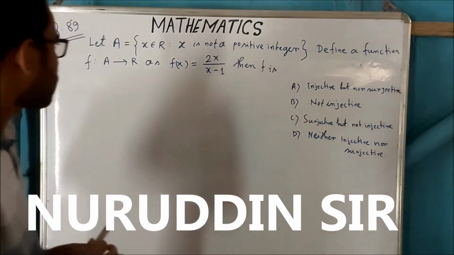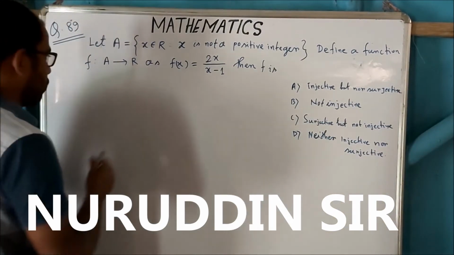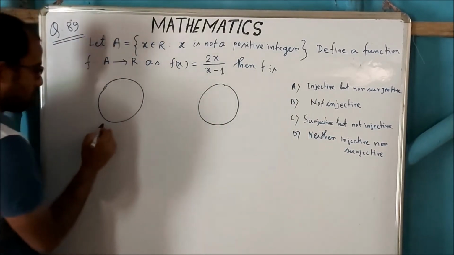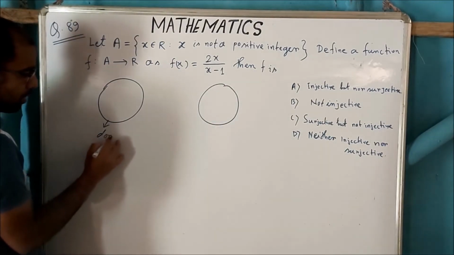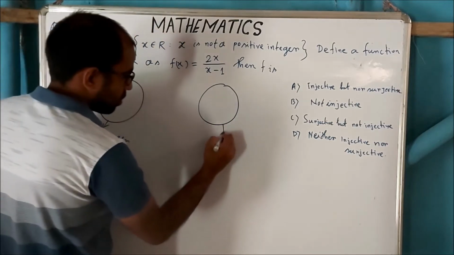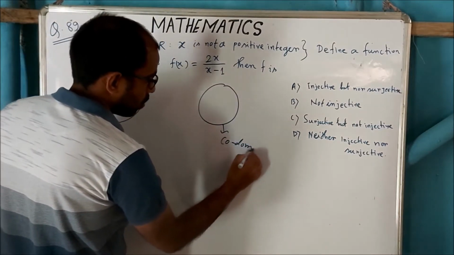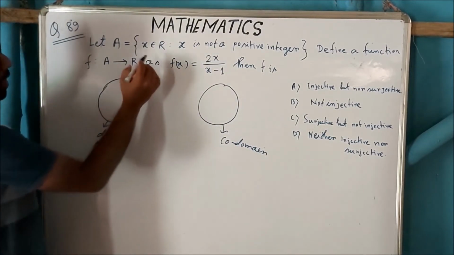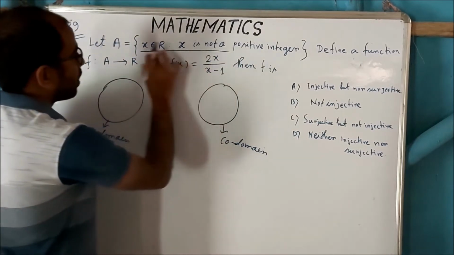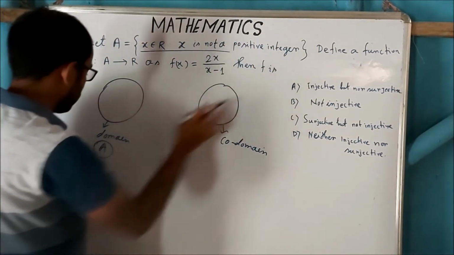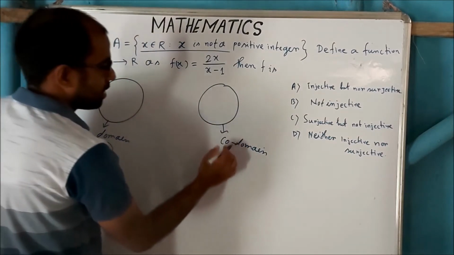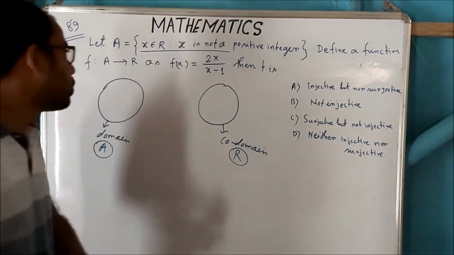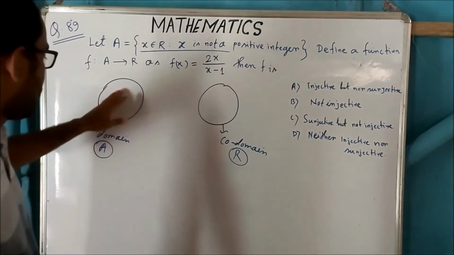First we consider two sets, this and this. This is called the domain and this is called the codomain set. This is A, which is defined as x belongs to R, but x is not a positive integer, and this set is R, the set of real numbers.